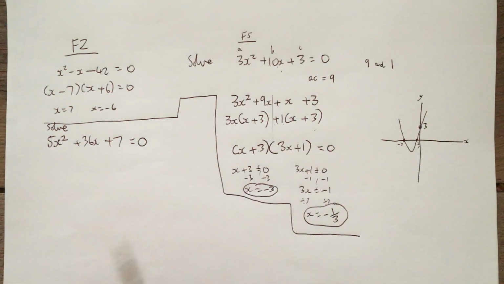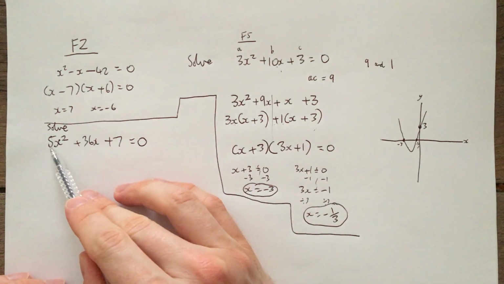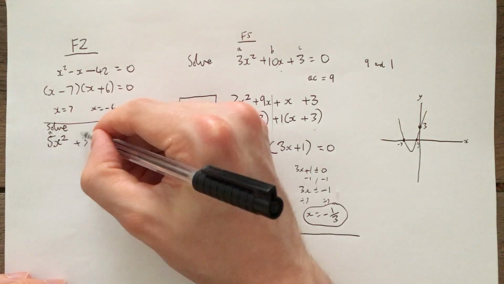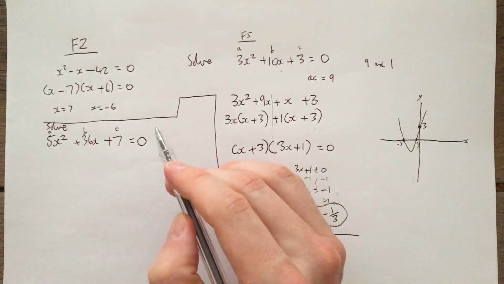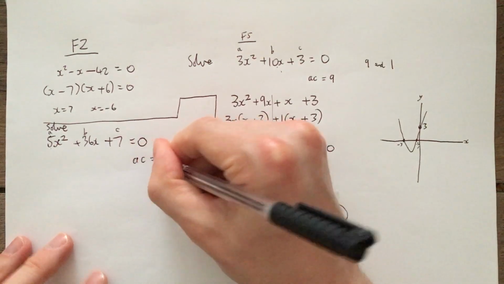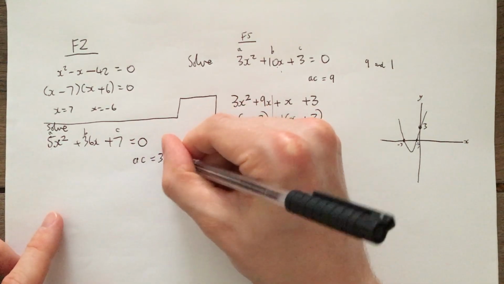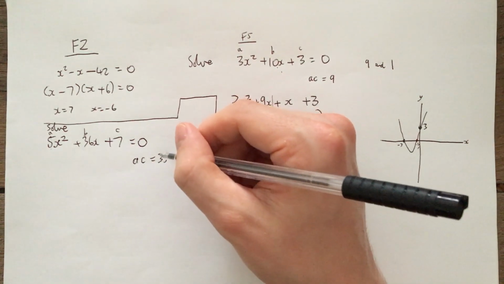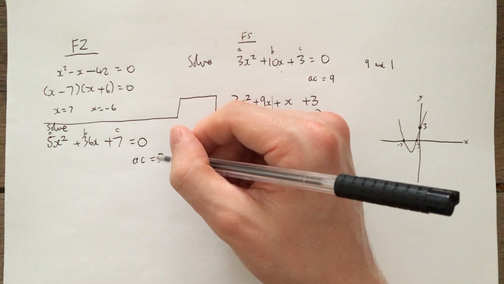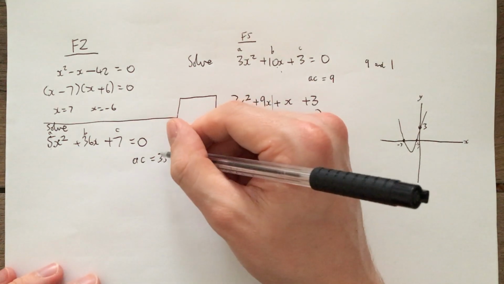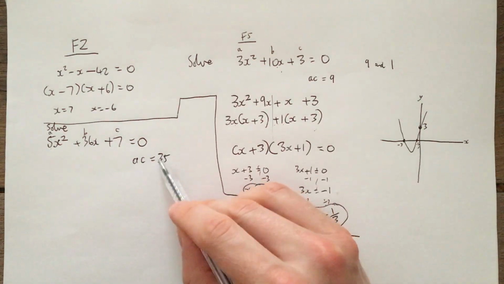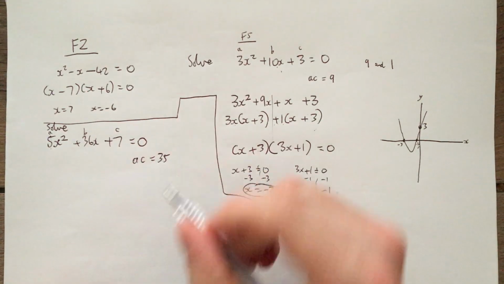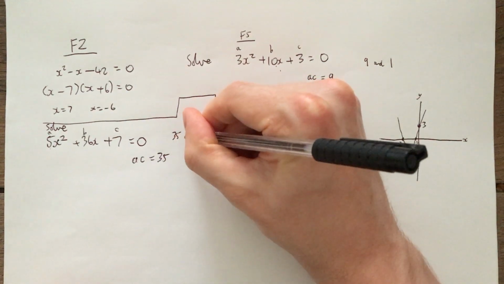I'm not going to go through it in as much detail, but you should know that because there's a number in front there, I must label it A, B, and C in order to factorise. It already equals 0, so that's great. AC, 5 times 7, is 35. If you want to try this yourself, pause the video, get your answer, and then see if I get the same answer. So I say to myself, two numbers that multiply to get 35 but add to get 36 are going to be 35 and 1.